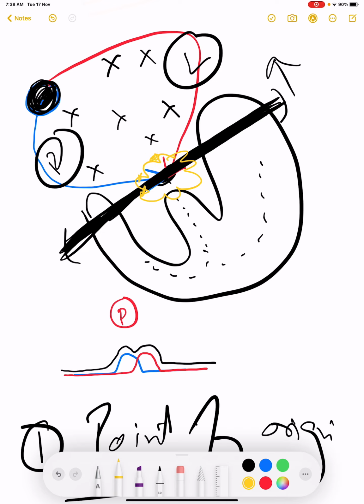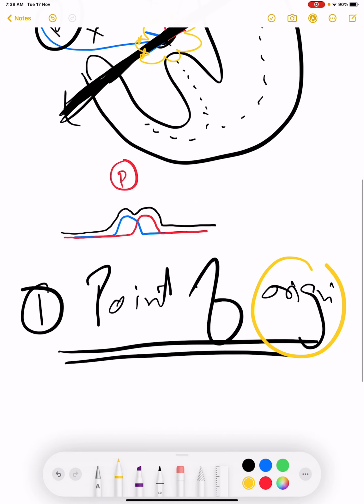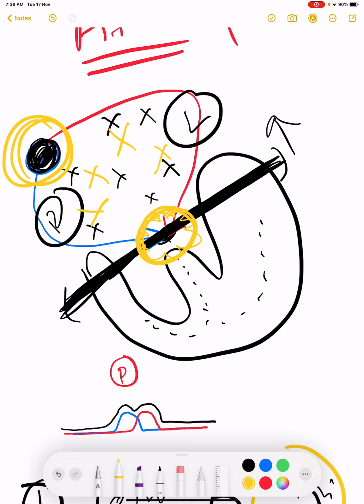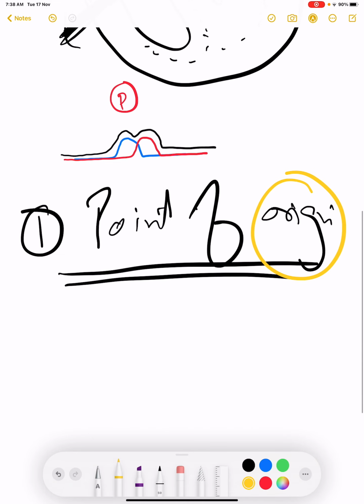If the P wave is generated in the junctional area, then we will have a junctional rhythm. So broadly speaking, the P wave can be of three types on the basis of its origin. It can originate in the SA node, anywhere in the atria, or in the nodal or junctional area. And the shape of the P wave depends upon the point of origin.